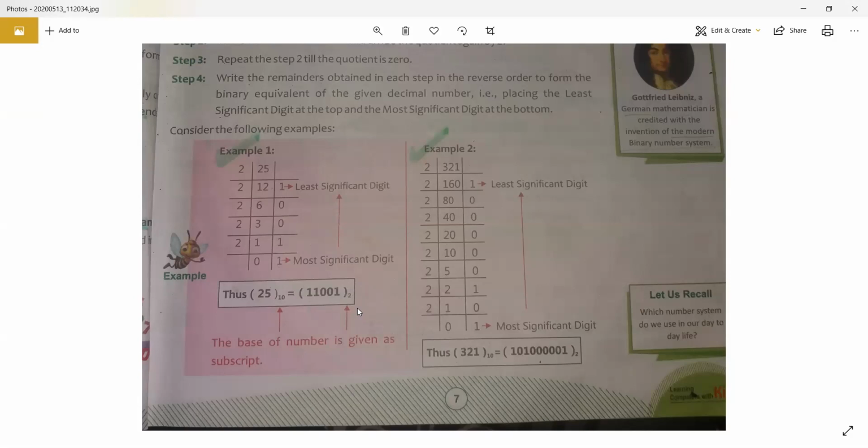If it is 0 multiplied by something, you don't have to calculate the power of 2, because ultimately it is going to be multiplied by 0 only. Then you calculate the values, and in the end you add all the numbers, and that will come to 25.